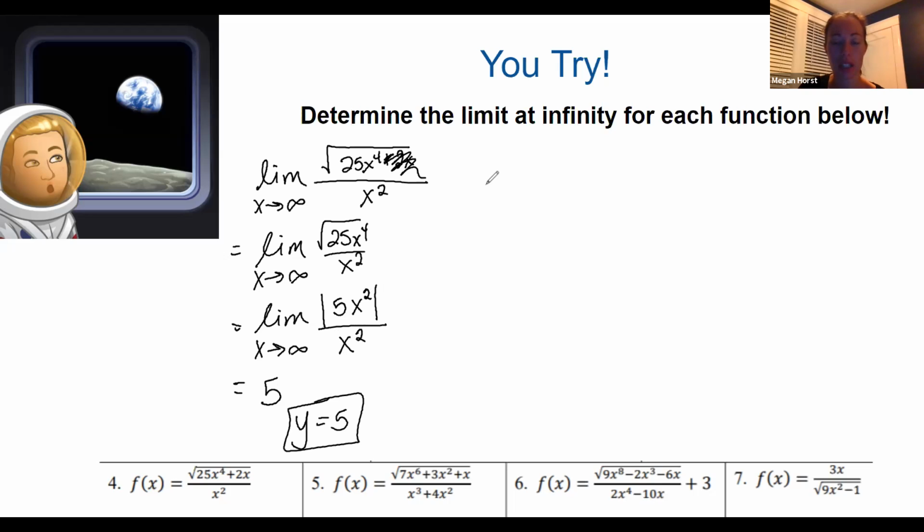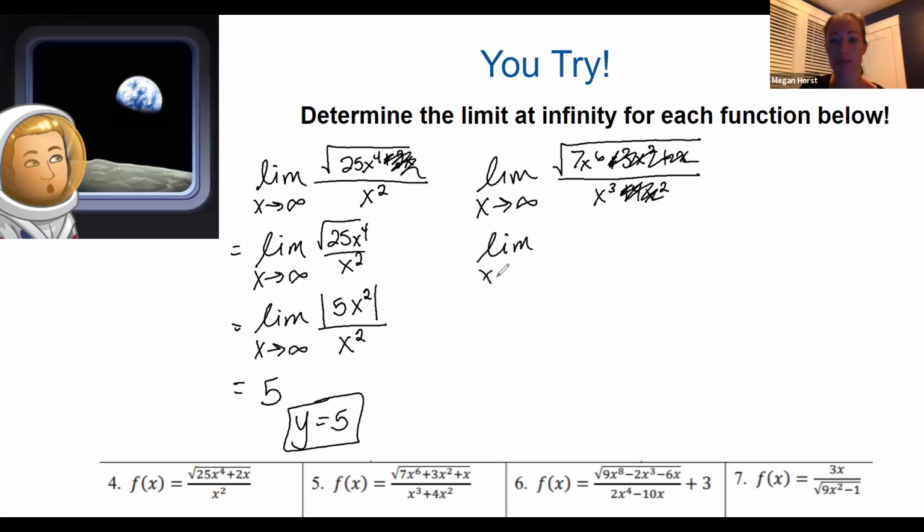All right, in our next example, we have the limit as x approaches infinity of the square root of 7x to the 6th plus 3x squared plus x, all over x cubed plus 4x squared. So again, I'm going to rewrite this.